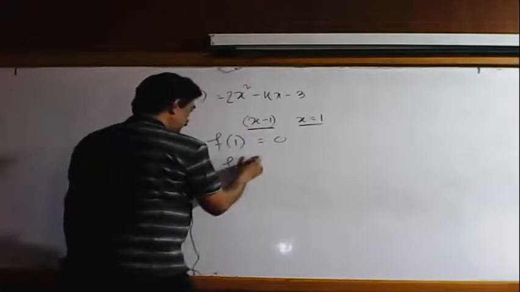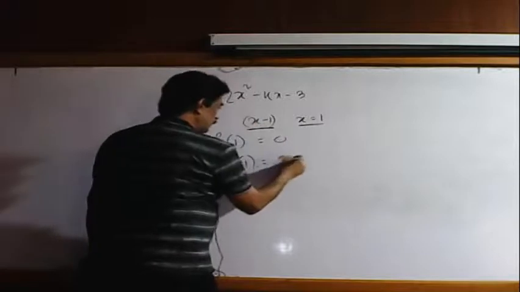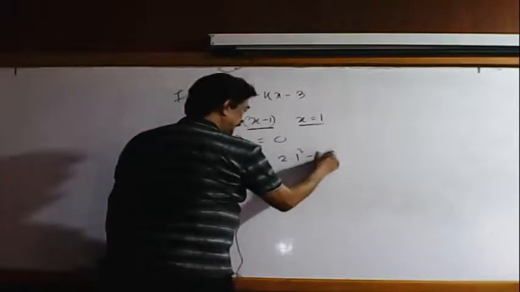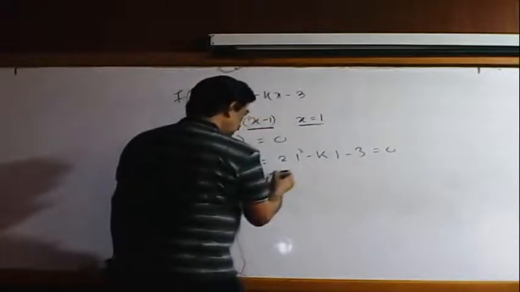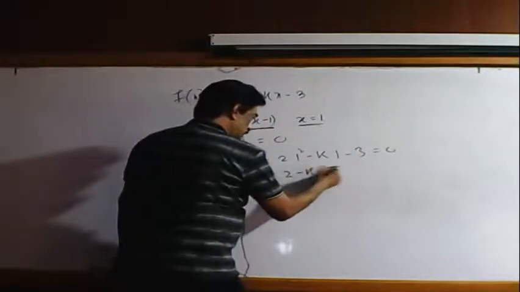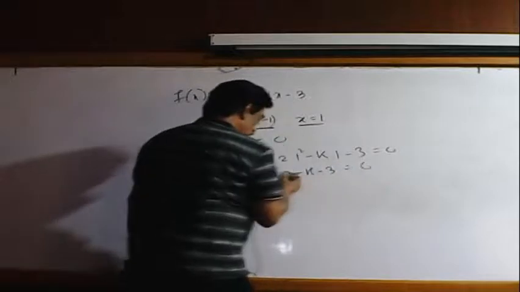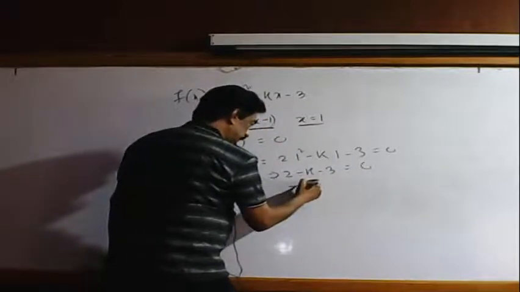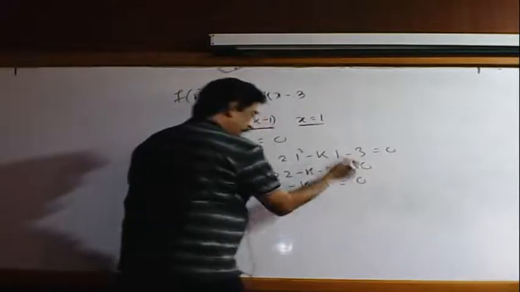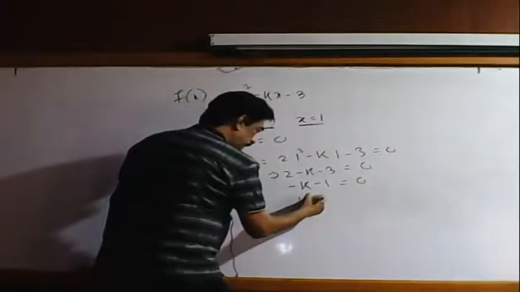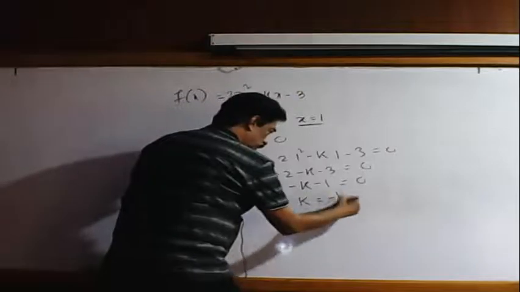Now, f(1) is equal to 2 into 1 square minus k into 1 minus 3. The result should be equal to 0. So that is 2 minus k minus 3 equal to 0. So now the result is minus 1 minus k equal to 0. If I replace the sign, k equal to minus 1.